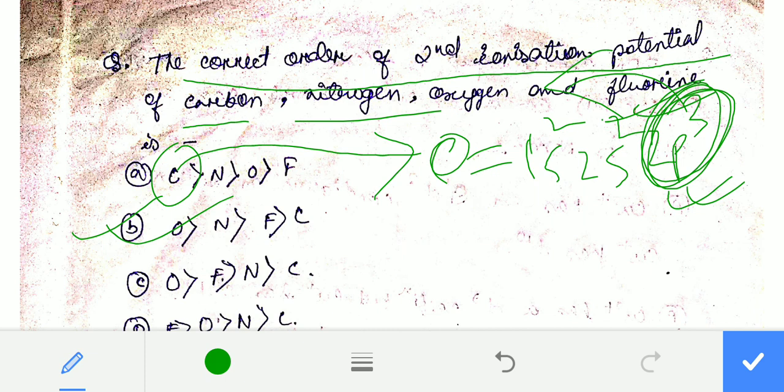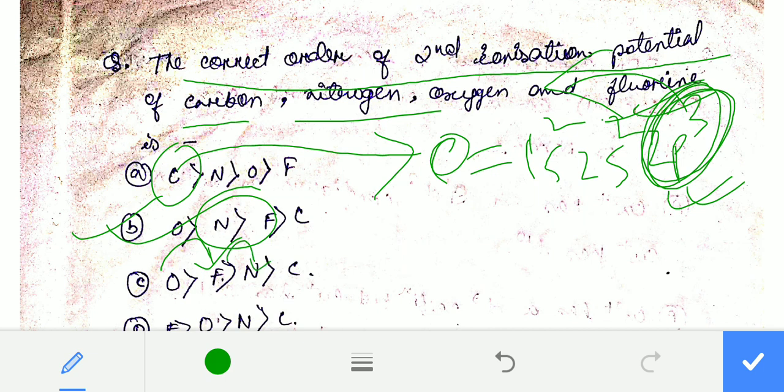Now, between nitrogen and fluorine, we can assume a simple idea that fluorine is the most electronegative element on earth. That means one cannot easily remove an electron from the fluorine atom. So right after oxygen, fluorine must have a higher ionization potential.